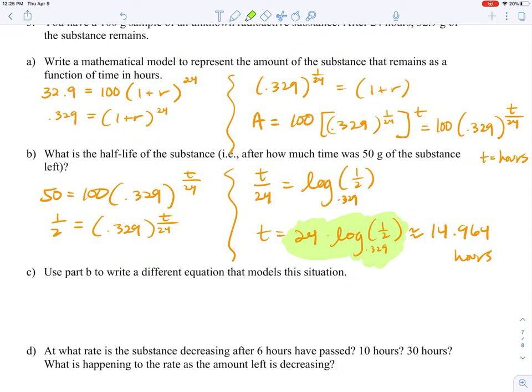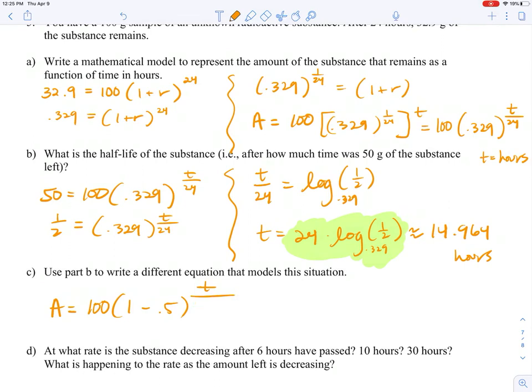But this would be the exact value for the number of hours, or the exact half-life. So we can actually write another equation where, since we know how long it takes for our initial amount to decrease 50%, for that rate, one period is approximately 14.964 hours.